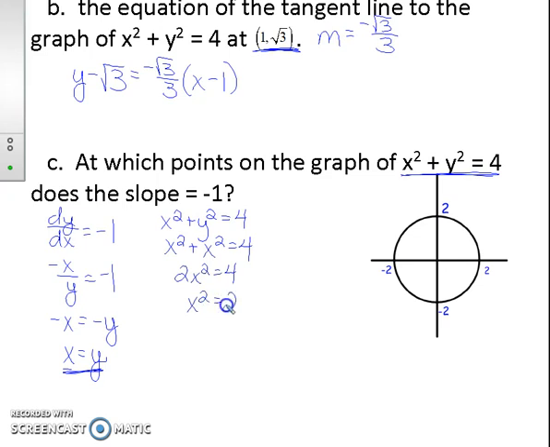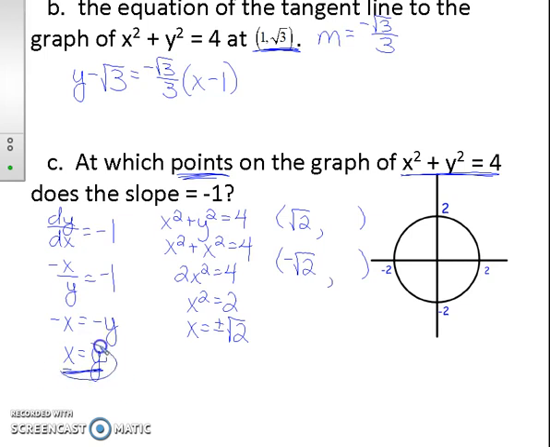Divide by 2. And so x is going to be both positive and negative square root of 2. So since they wanted points, though, my answers are going to be x, y pairs. So I've got x is positive square root of 2, and I have x is negative square root of 2. I just have to find the y coordinate that goes with each of those.